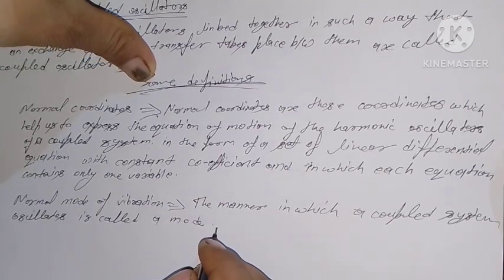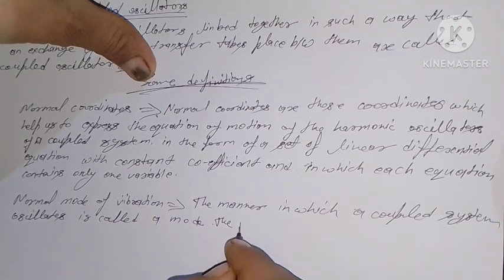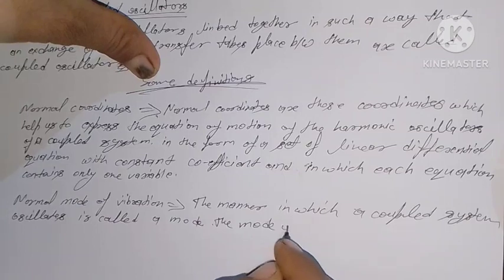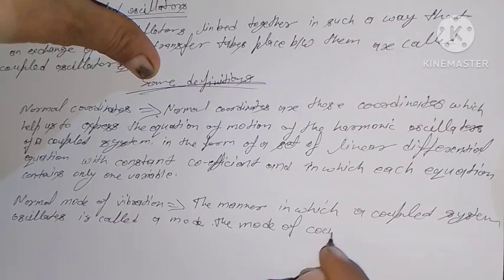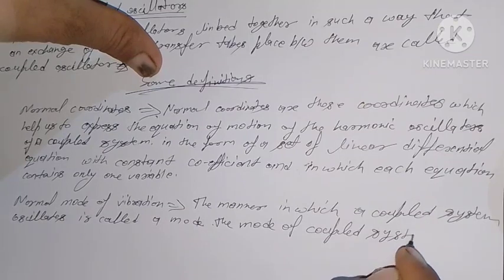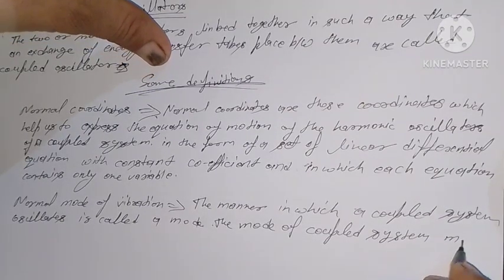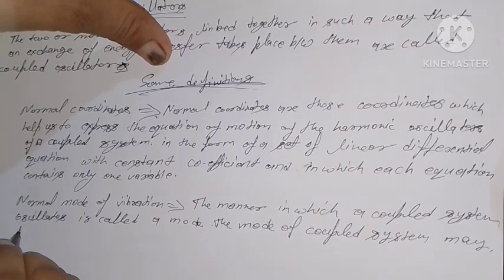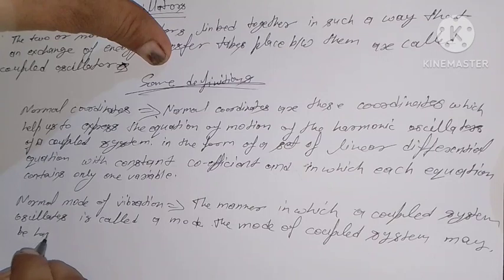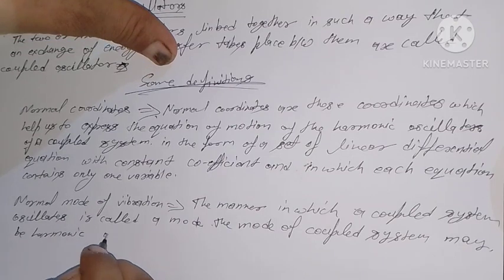The mode of a coupled system may be harmonic or non-harmonic.